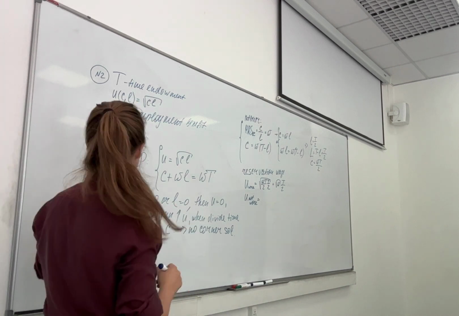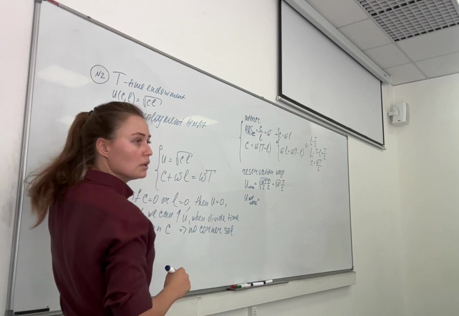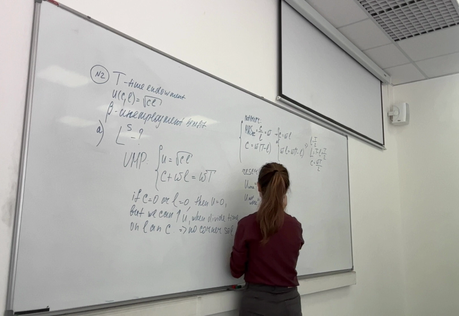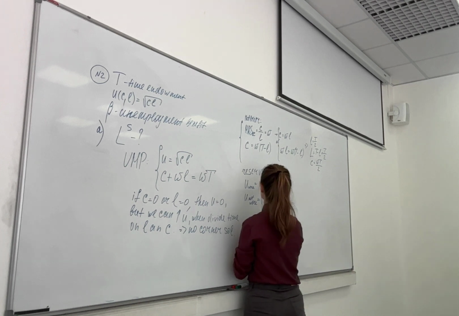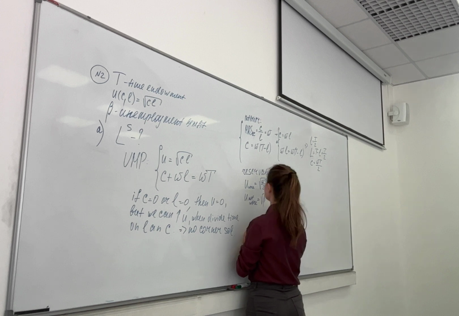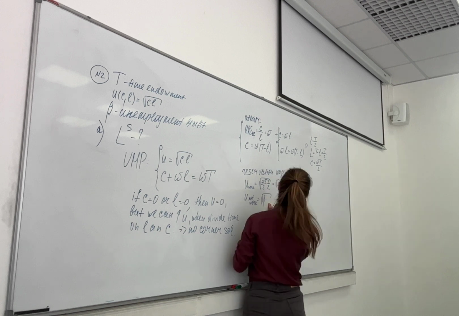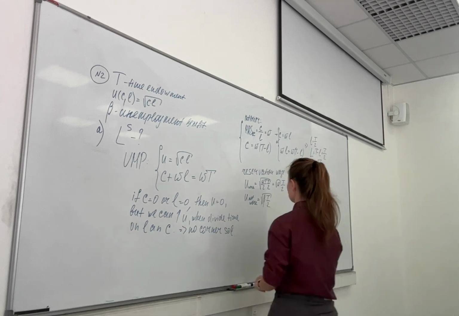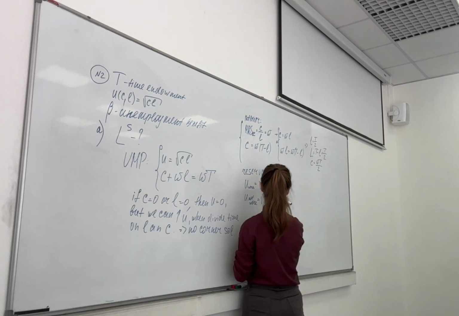And we can consume only the unemployment benefit, agree? So here will be the square root of consumption beta, and here leisure T over 2.